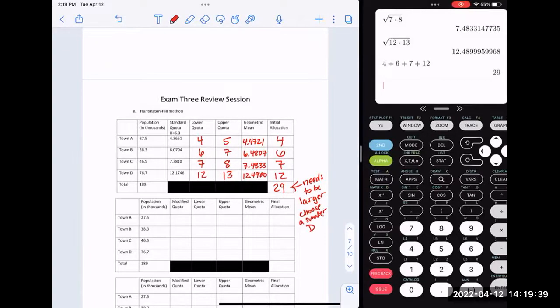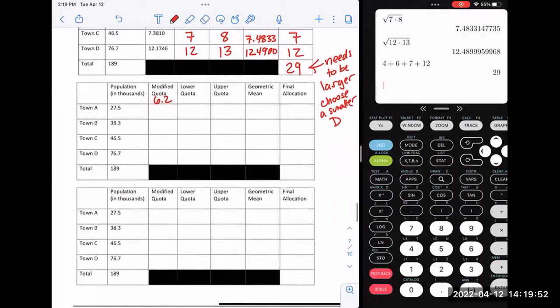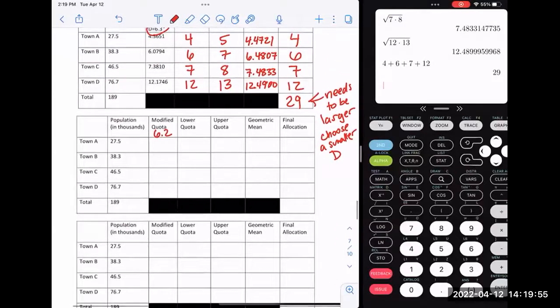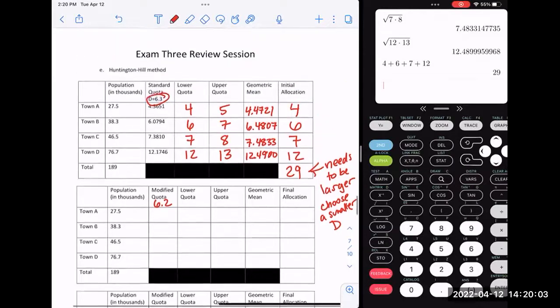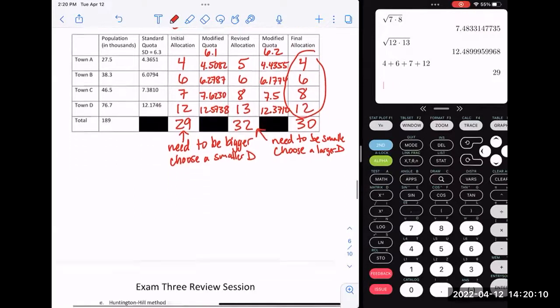So something smaller than 6.3, maybe not a ton smaller. 6.2 worked before. Let's do that. Let's see how that goes. So the nice thing about this is that if I've done this previously, it should be the same numbers. So if we flip back here, we had all the numbers for 6.2, so you could just copy those down.